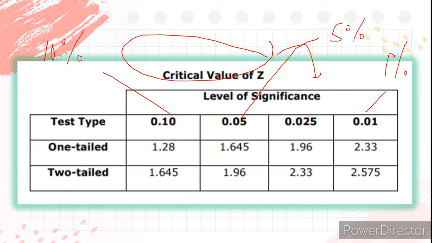How about 0.025? What is the percentage of 0.025? Answer? Nikki? 2.5% po. Kaya, sabi niyo 2.5% ang ating 0.025.